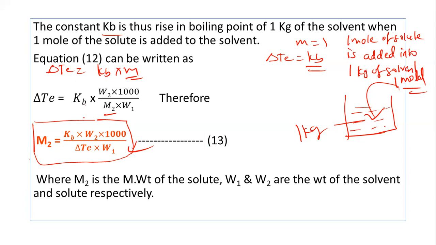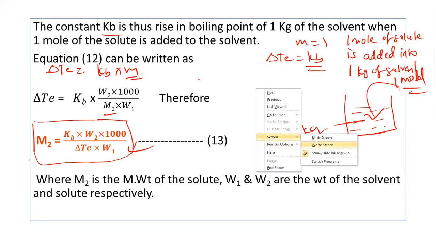So in this topic, we have discussed three important things. First, delta Tb is equal to RT0 square upon capital LV into X2.